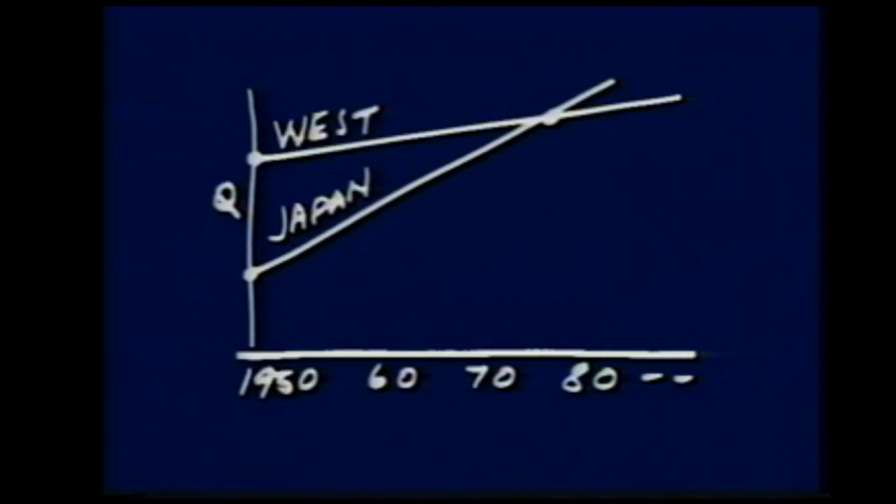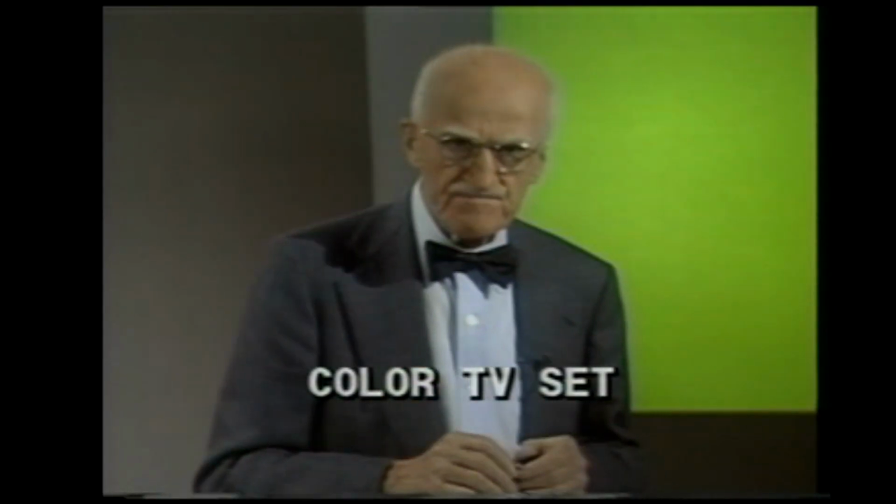That revolution has progressively made Japanese products saleable, then competitive, and now in some product lines superior in quality. These quality improvements were nearly always accompanied by cost reductions. A classic example is that of the color television set.